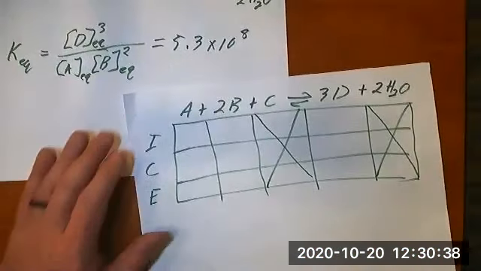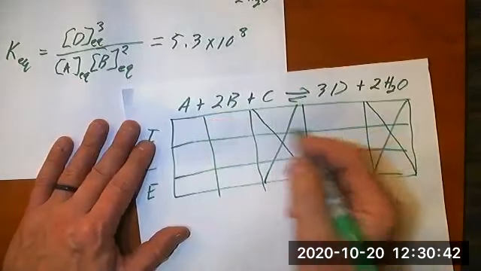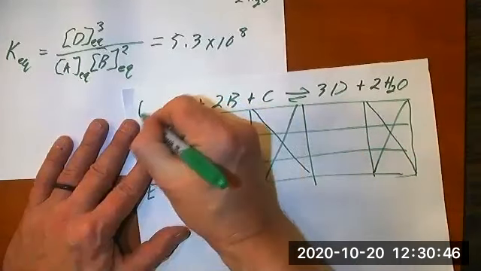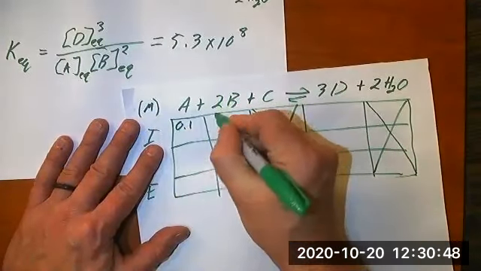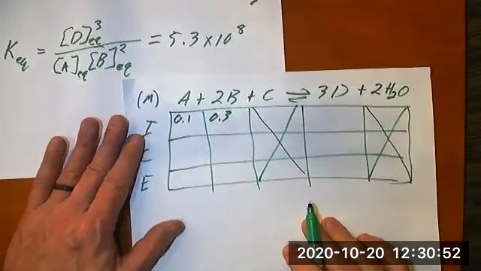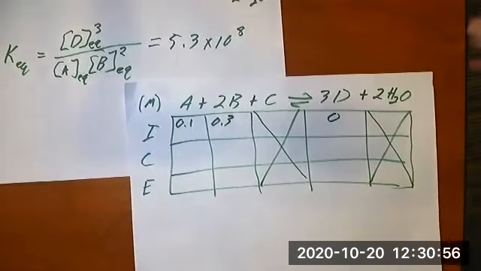And let's say that we start with 0.1 molar of A, 0.3 molar of B, and we start with 0 D. Okay. What do you think the first step would be for us?